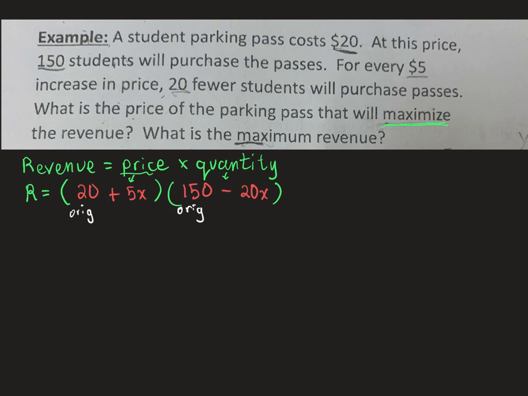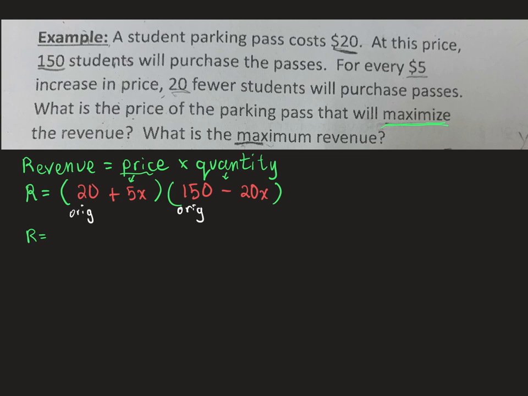All right, so we're looking pretty good here. That is our equation. It is in terms of one variable. It just needs to be in vertex form now for us to figure out what the maximum revenue is. So what we first need to do is expand this binomial, or expand these two binomials.